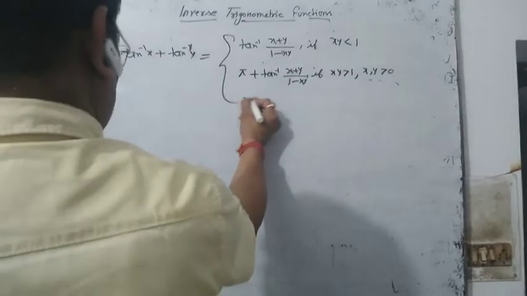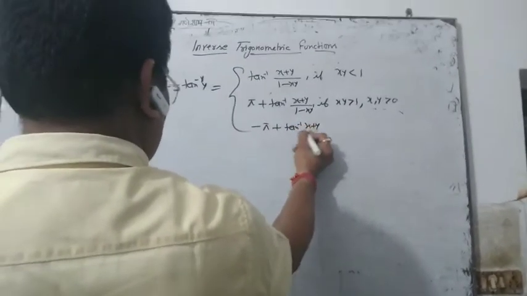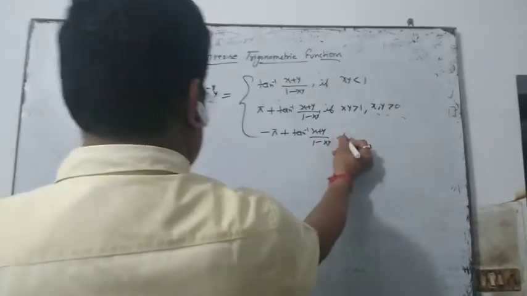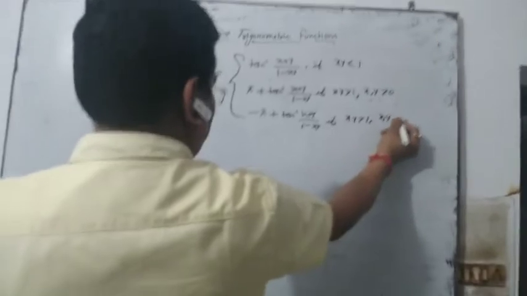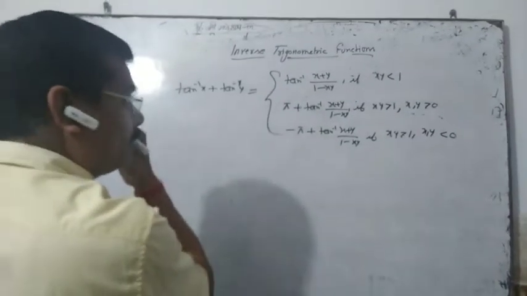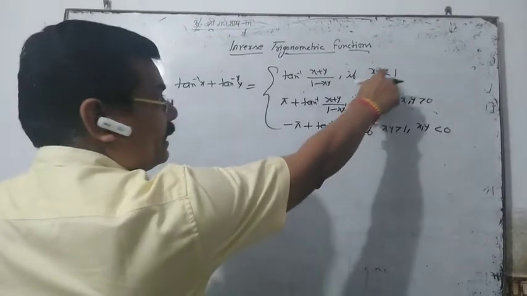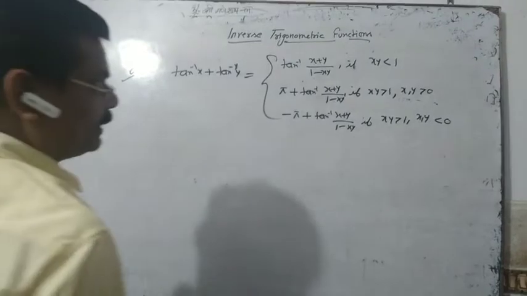And the last one is minus pi plus tan inverse of (x plus y) upon (1 minus xy) if xy is greater than 1, x comma y is less than 0. For tan inverse x plus tan inverse y, first check whether the product xy is less than 1. You can use the formula tan inverse of (x plus y) upon (1 minus xy).